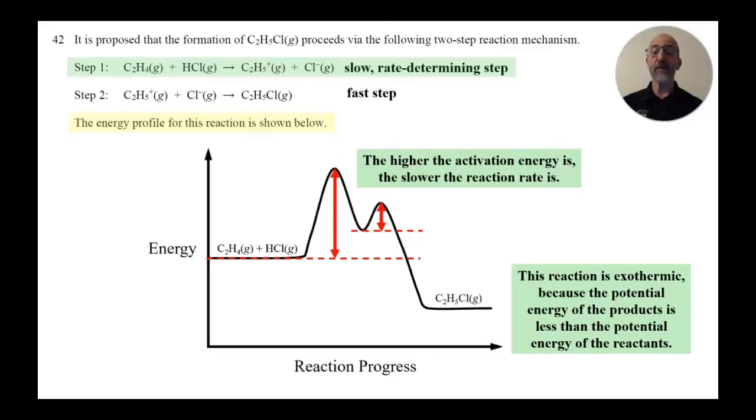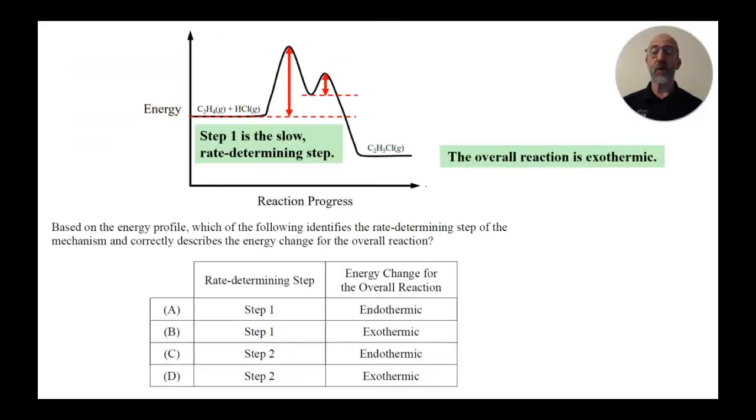Now, we have enough information to answer question 42. It says, based on the energy profile, which of the following identifies the rate determining step of the mechanism, so that's step 1, and correctly describes the energy change for the overall reaction, which is exothermic. So the correct answer to question 42 is choice B.